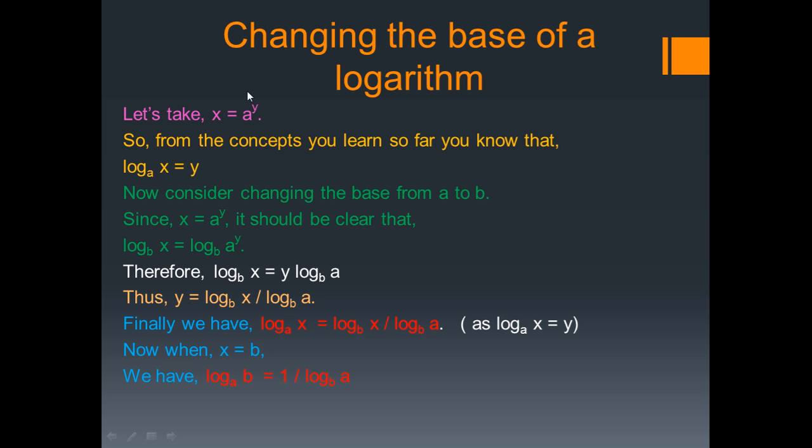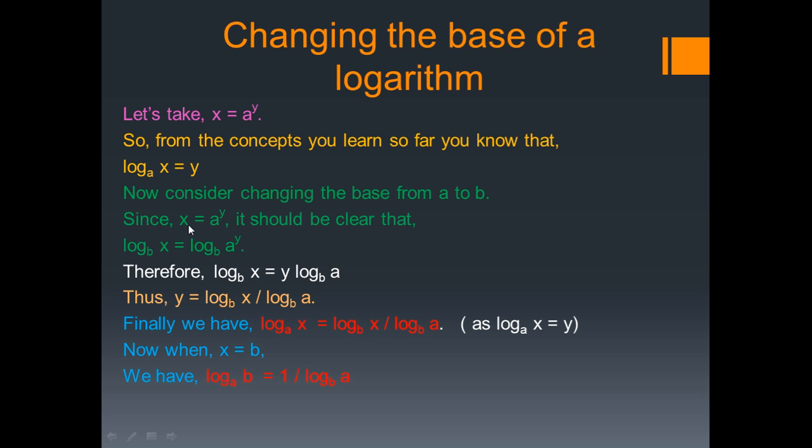Now what happens when we consider changing the base from a to b? You know that x equals a to the power y. So log of x to the base b should be log of a to the power y to the base b. So log of x to the base b is equal to y times log of a to the base b, from the third rule.